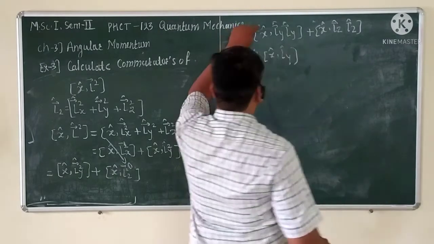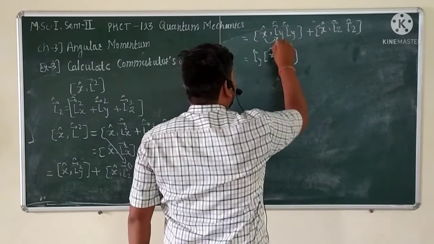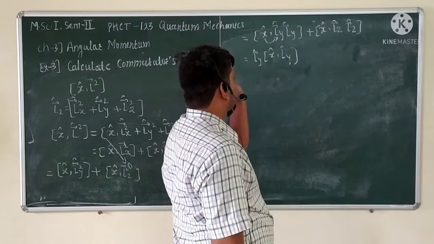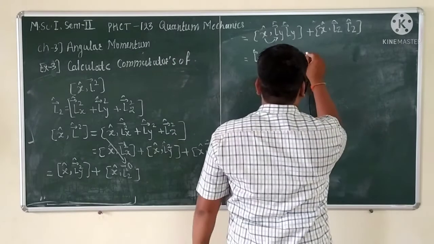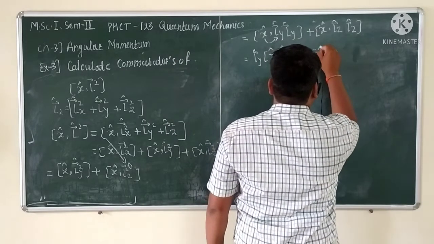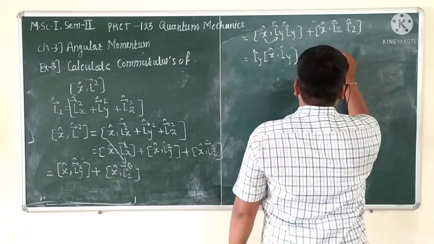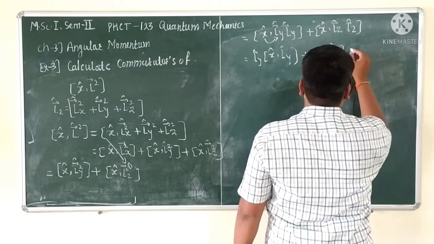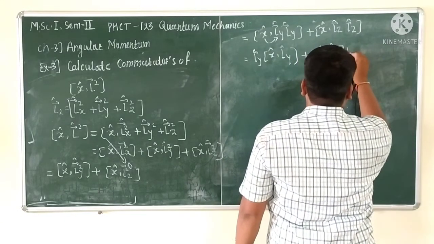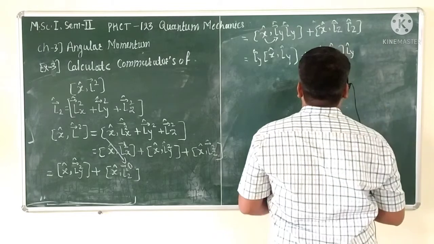That means this x cap commutes with this, and this Ly is taken outside, and plus x cap comma this Ly cap, taking this Ly cap outside.